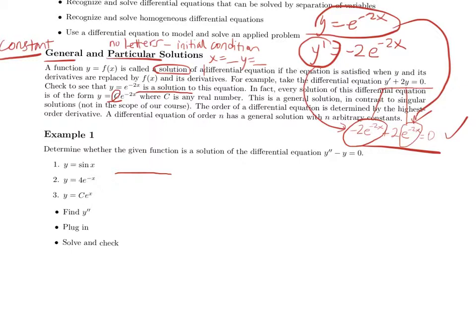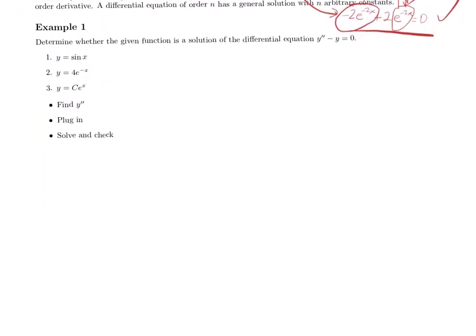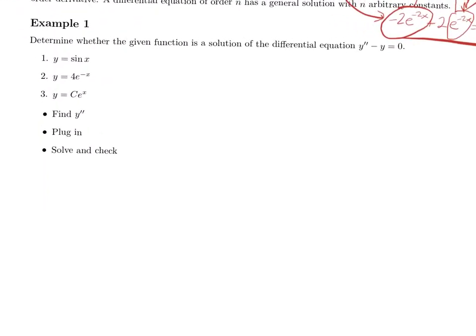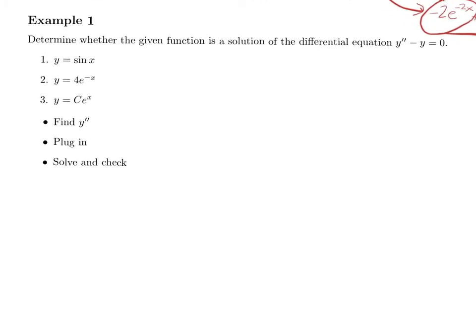So let's take a look at example 1. Determine whether the given function is a solution to the differential equation y double prime, so second derivative of y, minus y equals 0. All right, so there is the thing that we're trying to solve for. For each of our candidates here, first thing we want to do is find the second derivative.